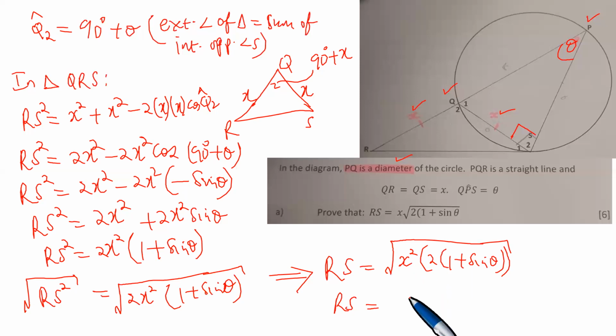The square root of X squared is only X, and then you are left with the square root of 2 into 1 plus the trigonometric sine of theta. All right, so that is the answer to the question.